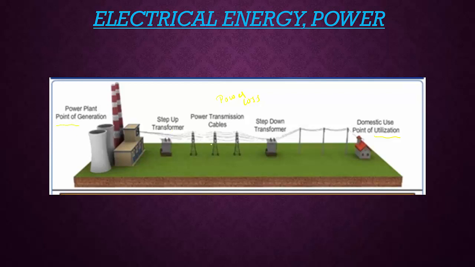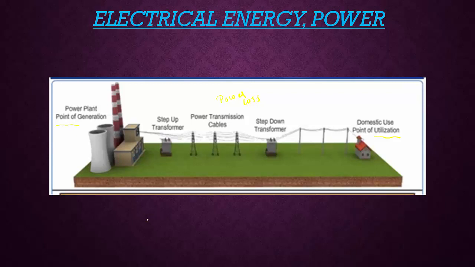But using electricity at such high voltage is not safe. So step-down transformers are used at the receiving end. Here at the receiving end, the step-down transformer decreases high voltage into low voltage, or a suitable value. So that we can write the power loss here.